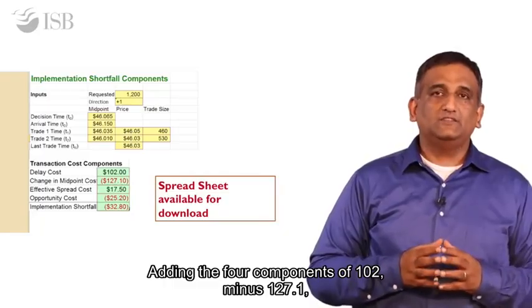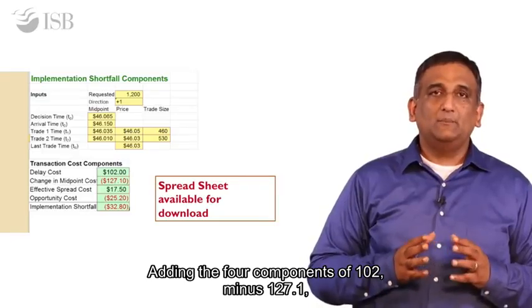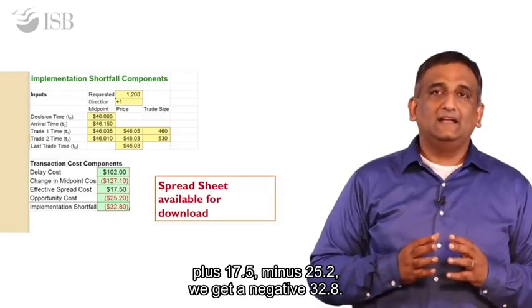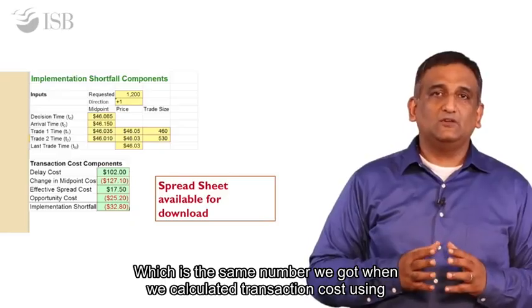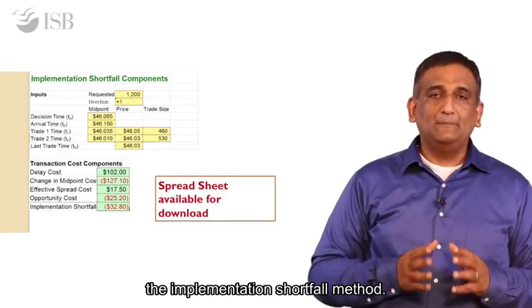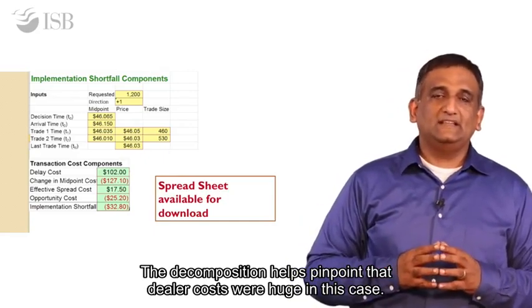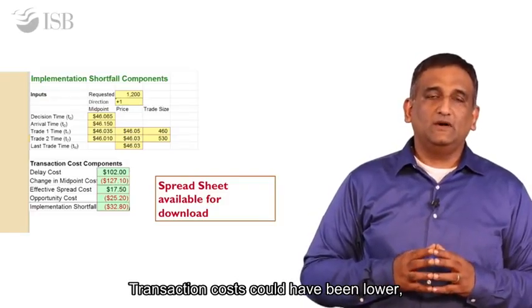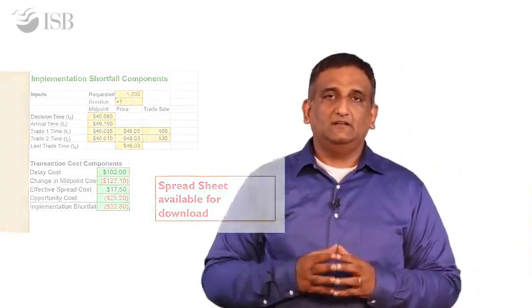Adding the four components of 102 minus 127.1 plus 17.5 minus 25.2, we get a negative 32.8, which is the same number we got when we calculated transaction costs using the implementation shortfall method. The decomposition helps pinpoint that delay costs were huge in this case. Transaction costs could have been lower if there had been a smaller delay between decision and order arrival.